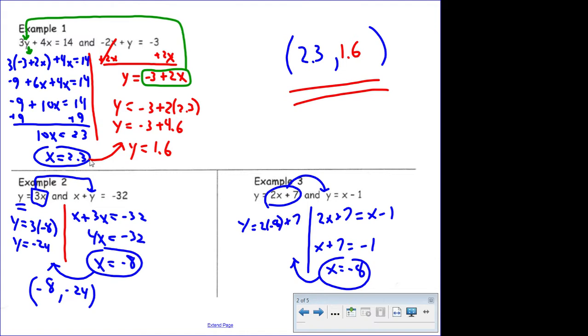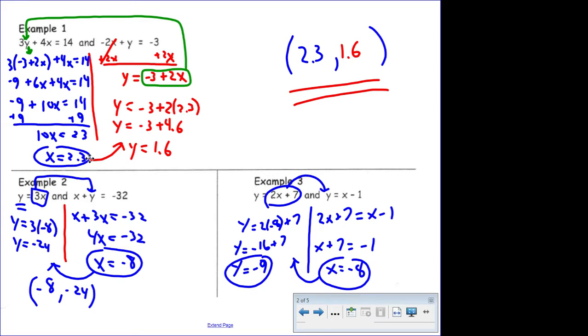And what's 2 times negative 8? Is that negative 24? No. It's negative 16 plus 7. And what's negative 16 plus 7? Is that 13? No. Is it negative 9? Yes. And you now have the solution to your system, right?